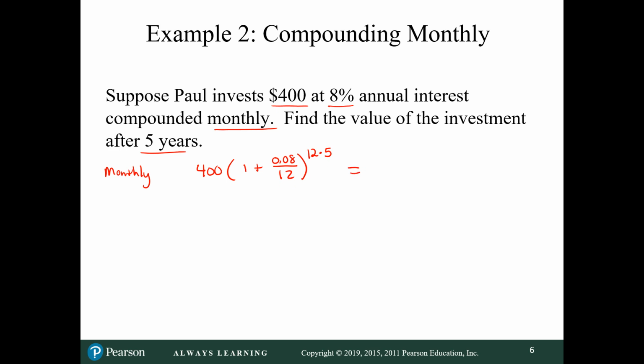If you do that in your calculator, what do you get for monthly? So it makes $195.94 in interest. Okay. If you did just simple interest, if you take 400 times 0.08 times 5, and then add that number to 400, what would you get? 400 times 0.08 times 5 plus 400.